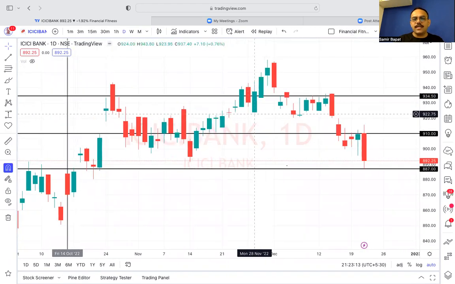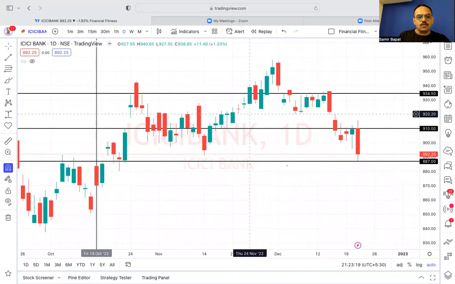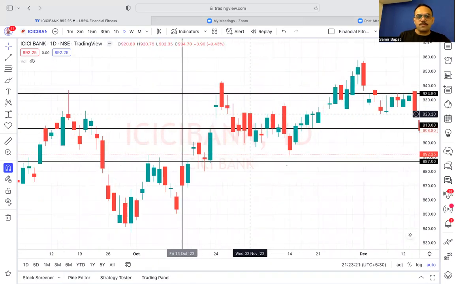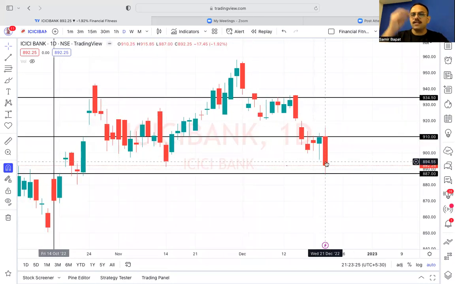They will be using it as support and resistance, demand and supply zones. So the prices are likely to stop there in case it breaks tomorrow.